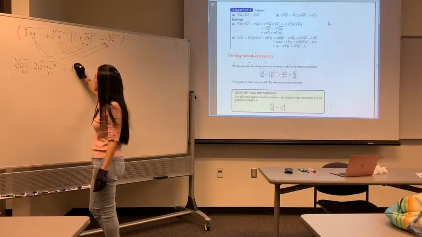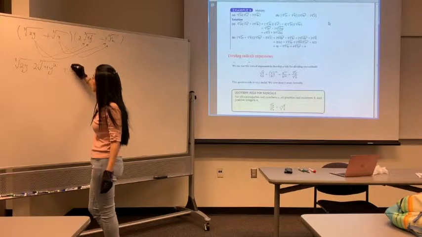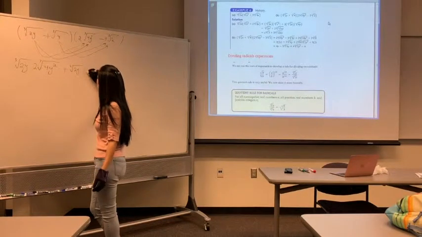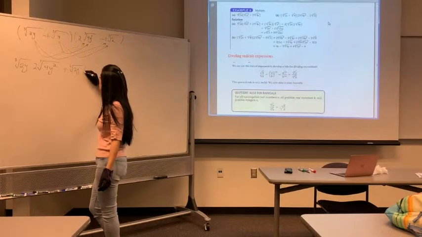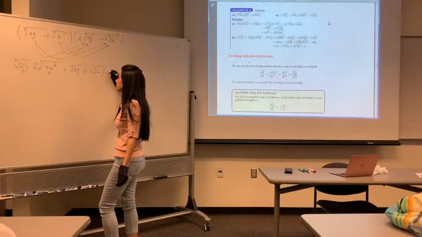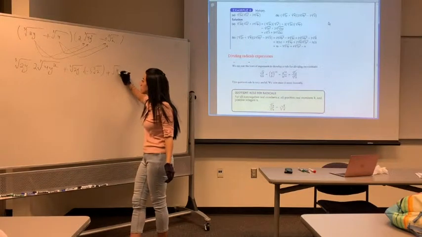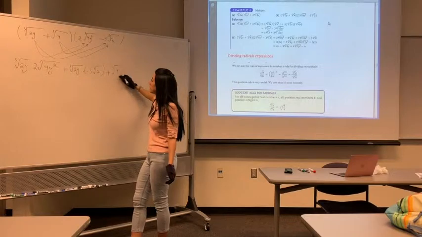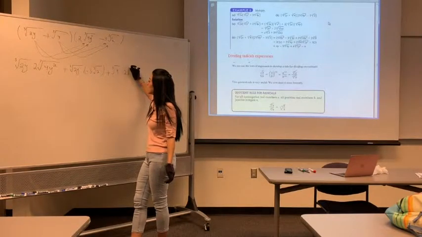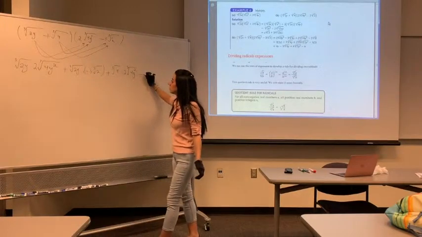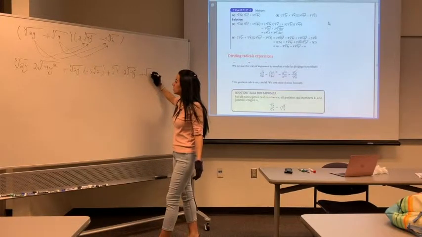Plus radical 2y multiplies to negative 3 radical 2, plus. Be careful, you can easily have mistake. Plus, am I right?